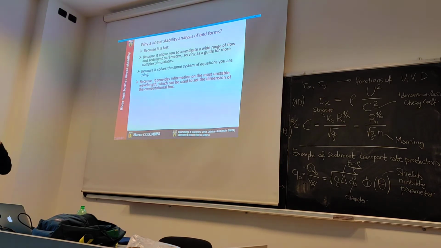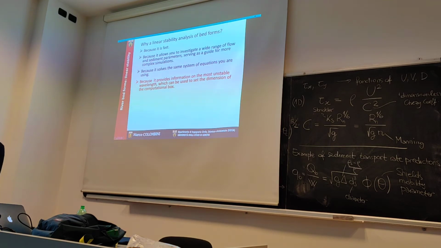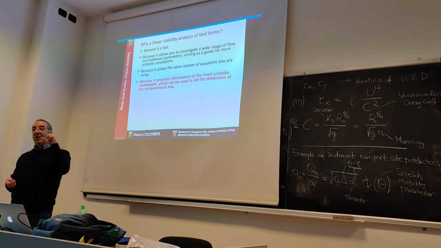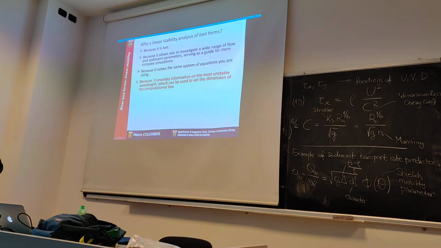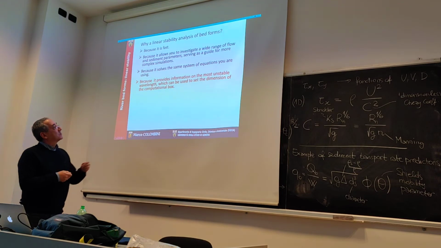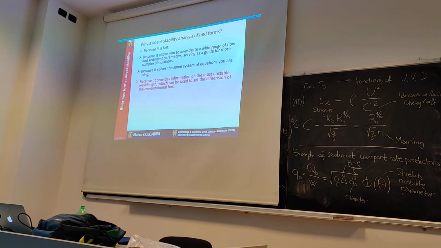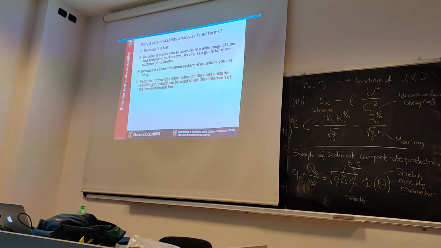The wavelength selected by the linear analysis is the one that you observe at the end. There will be many more changes to amplitude due to nonlinear effects than to wavelength. There will be changes, but once you are able to know the wavelength of the most unstable perturbation, you know the one that will be selected among the variety of perturbations fed to the system.